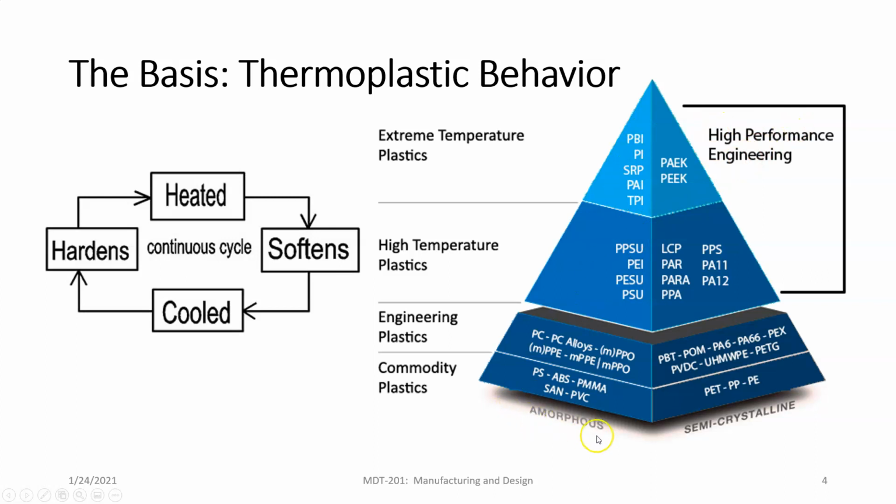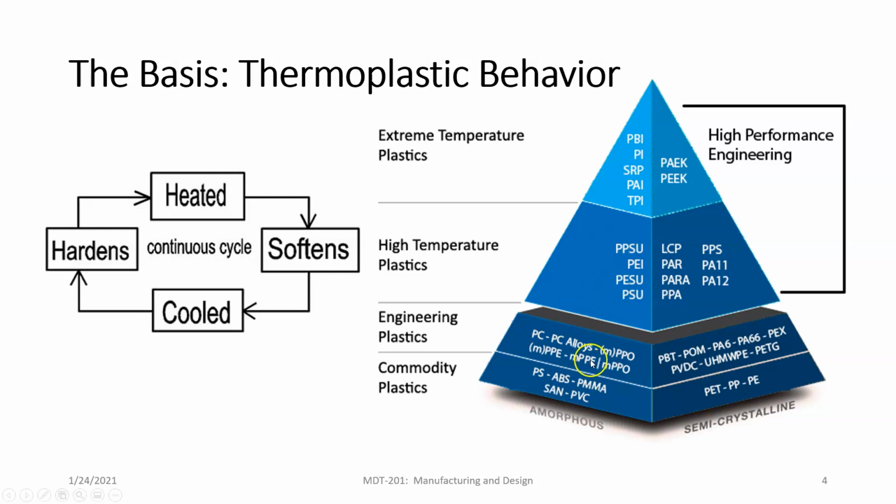And so on the left-hand side, we have the amorphous thermoplastics, and on the right-hand side, we have the semi-crystalline plastics. Okay. All of these are just the common abbreviations for these. Some of these, PC is polycarbonate, PS is polystyrene, PVC, polyvinyl chloride. Those are common in pipes, like in your house, in your plumbing.